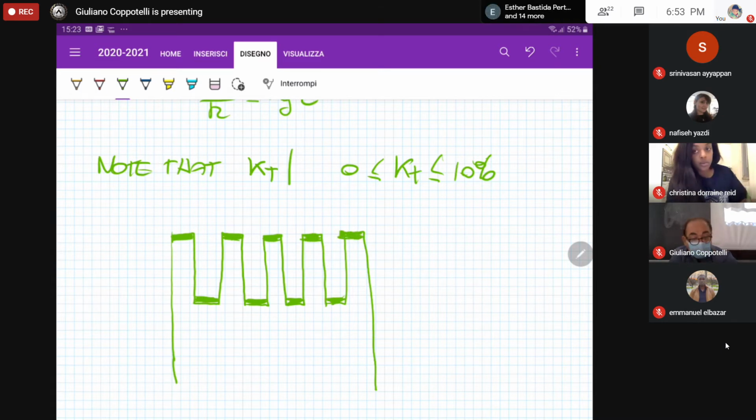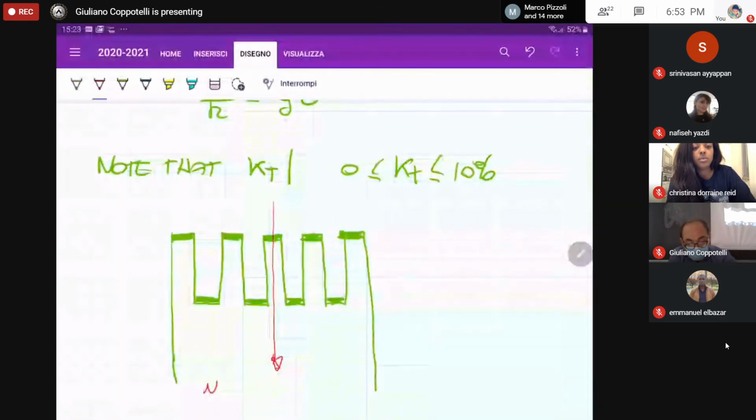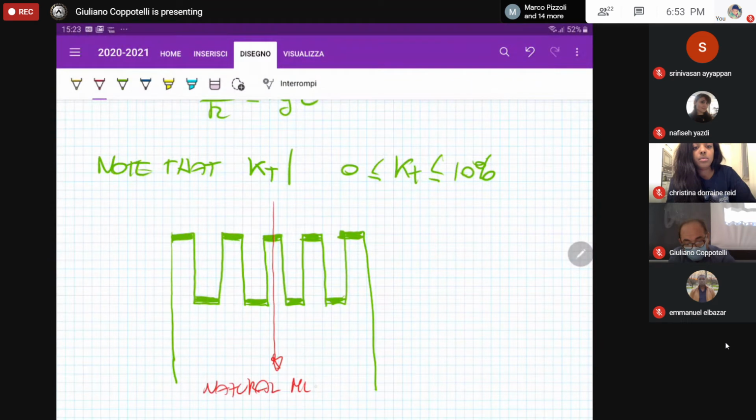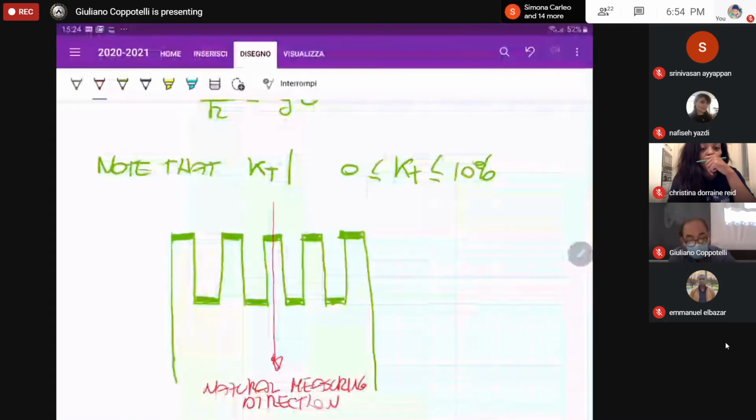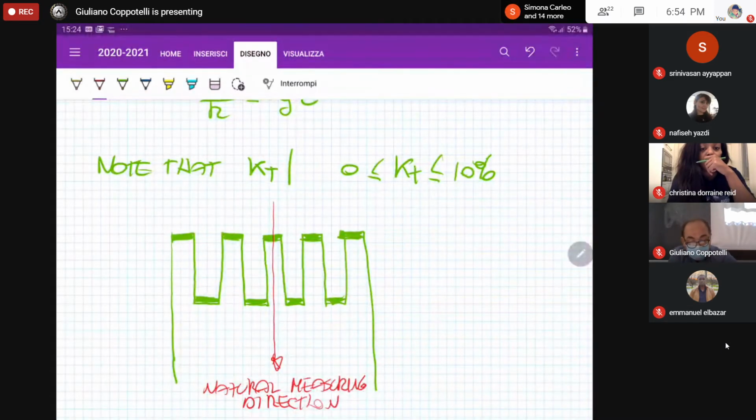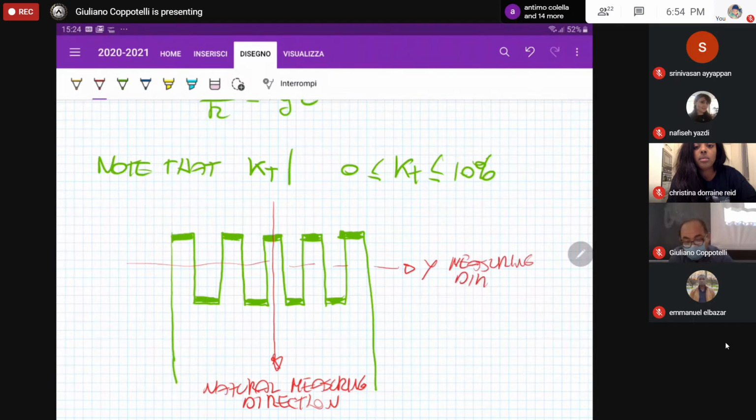Please remember, this is the natural measuring direction, that is what I call Y measuring direction, the transverse.